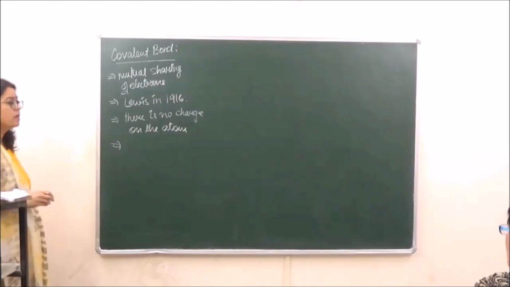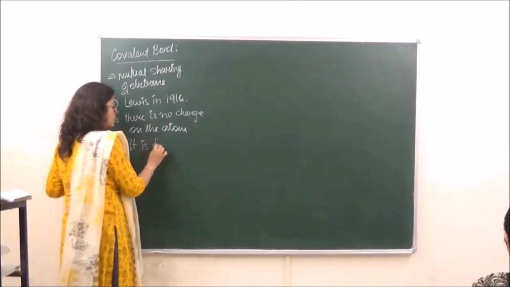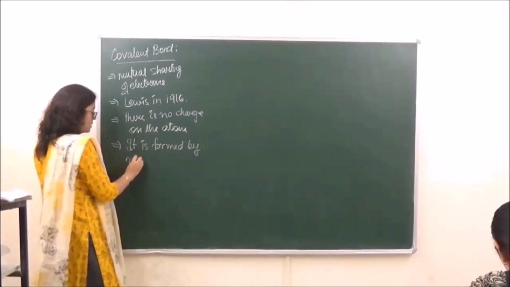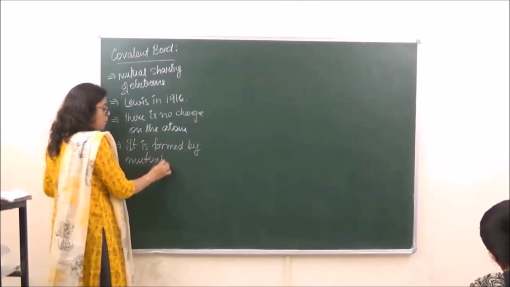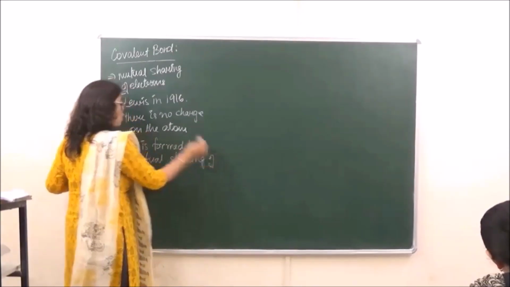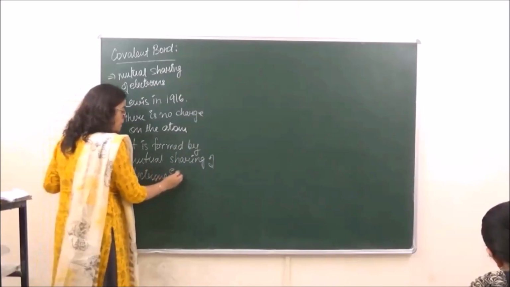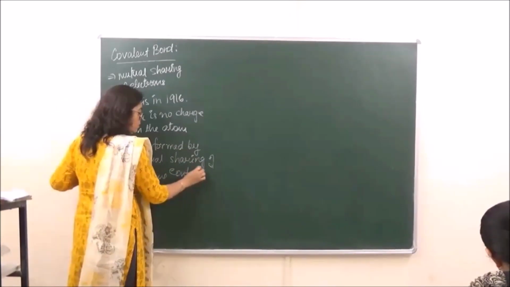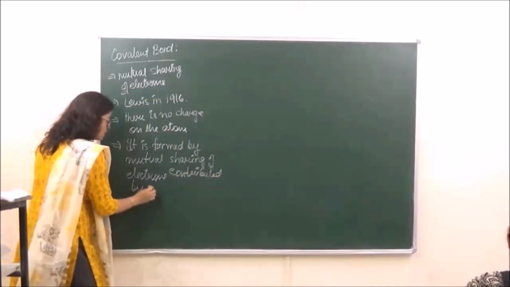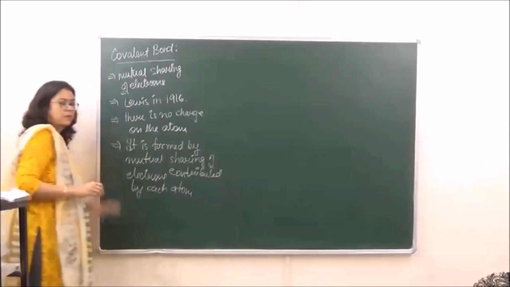So if we are defining a covalent bond, what is a covalent bond? It is formed by mutual sharing of electrons contributed by each atom.